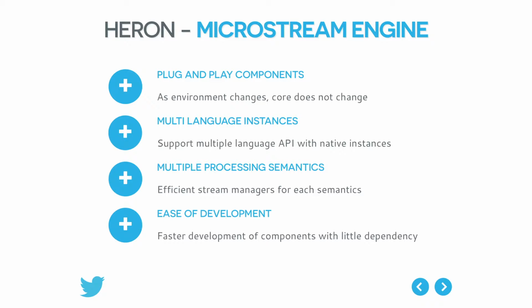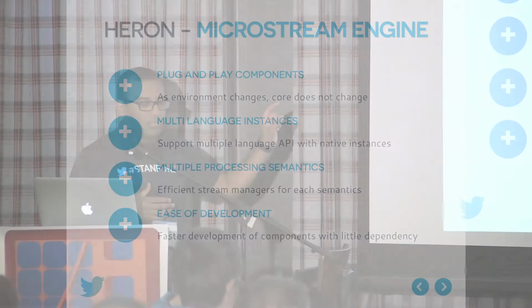If you want to write a Python API for writing your topologies quickly, then you can write one of the multi-language instances, like a Python instance, and boom, the Python code will execute in the native Python interpreter, as compared to having data coming from a Java process into a Python process so that it can execute. You don't need to do all that other stuff. In fact, there is already some work going on to write a Python instance as well.